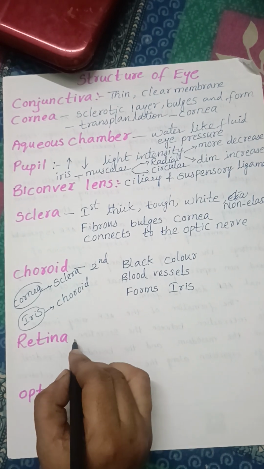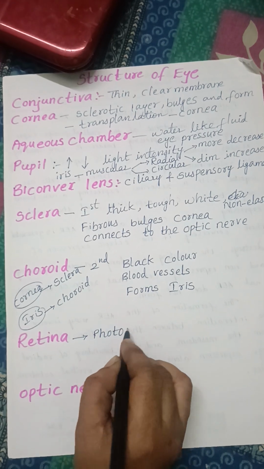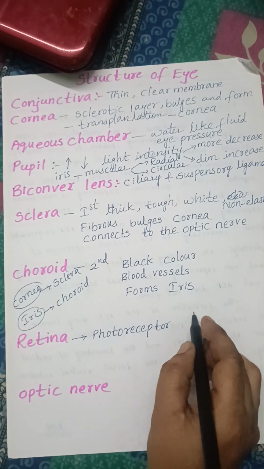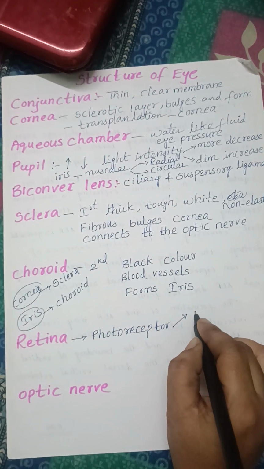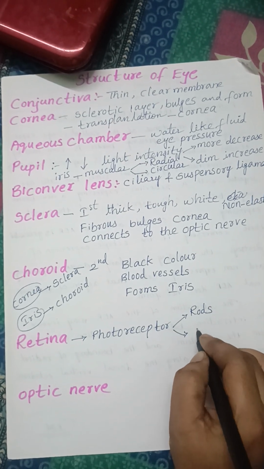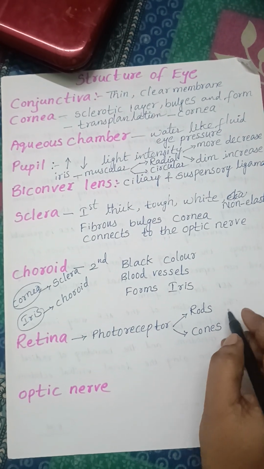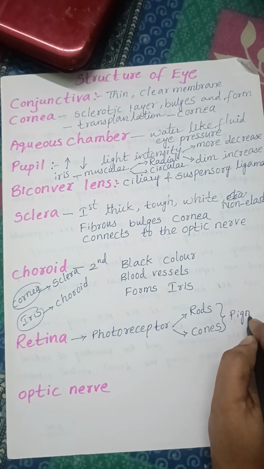So next, retina is having the photoreceptors. Those have two types of cells. One is the rods, second one are cones. And these two cells also contain pigments.